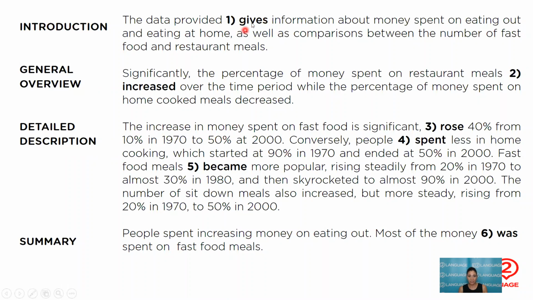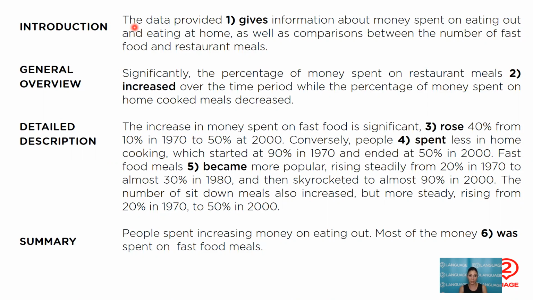Now, we said gives in present tense, so everything else was in past, but we said gives in present tense because we're saying what the data is doing. The data provided, or the graph shown, or the table given tells us about or gives us information, because that's in present tense.